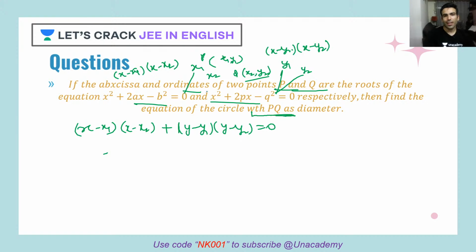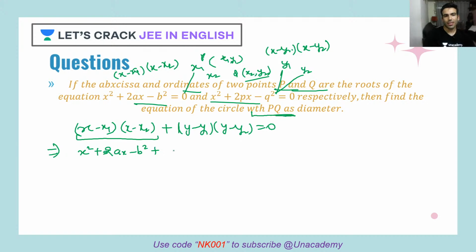True? Now just tell me one thing. This variable can be replaced. I can make it y, I can make it t, but the quadratic equation would remain the same. True? So let's do that. I am writing this part as it is: x square plus twice of ax minus b square.